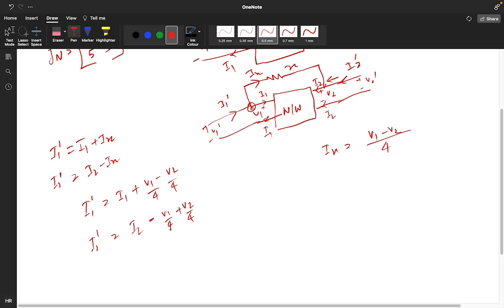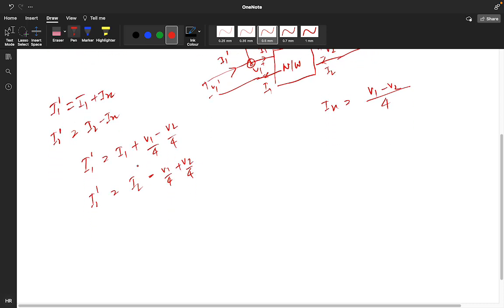Now guys, from the Yn parameter given in your question itself, [2 -1; 5 3], what is the I1 value? I1 is 2 v1 minus v2. What is the I2 value? 5 v1 plus 3 v2.